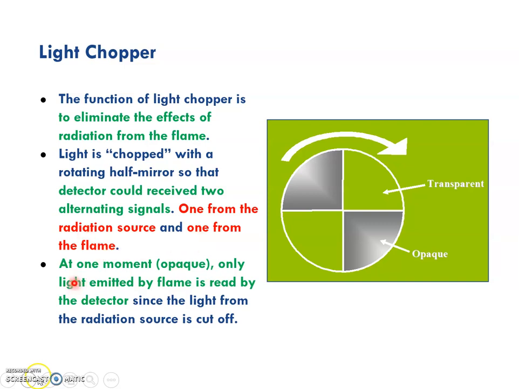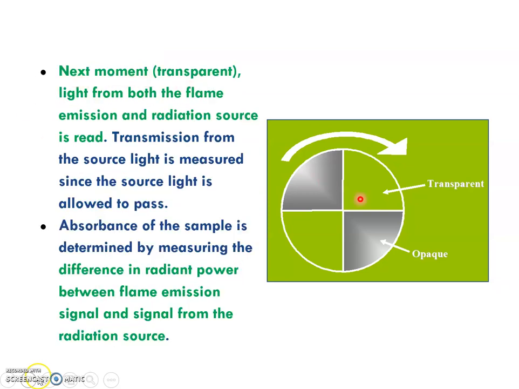At the time when the opaque part is blocking the radiation beam, only light emitted by the flame is read by the detector, since the light from the radiation source is cut off. The detector can only detect radiation from the flame. Then when the transparent part is directed to the radiation beam, light from both the flame emission and the radiation source from the lamp reaches the detector.